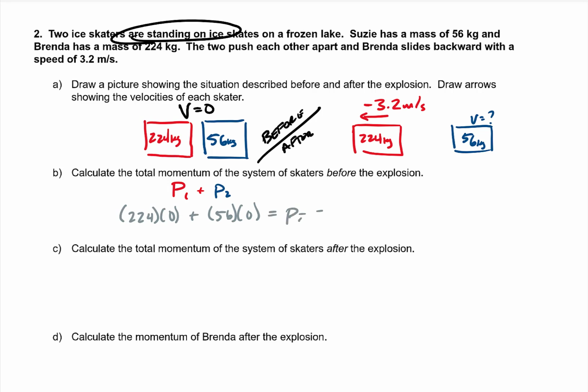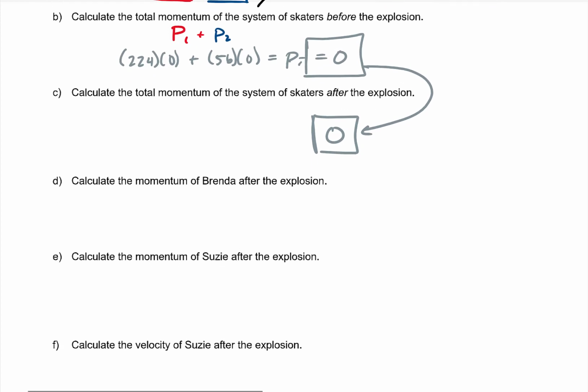That makes my total momentum 0 to begin with. We begin with 0 momentum, and that means we end with 0 momentum. So my momentum after the explosion is going to be momentum of Brenda plus momentum of Susie.